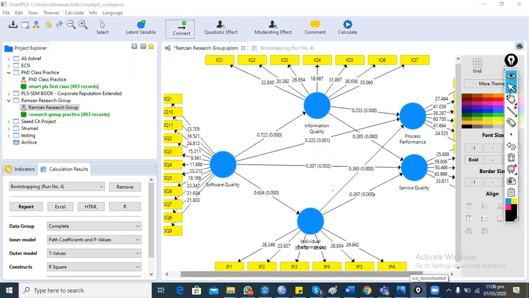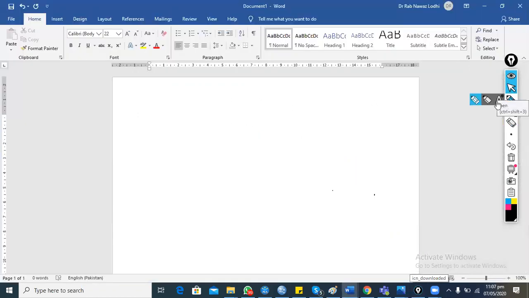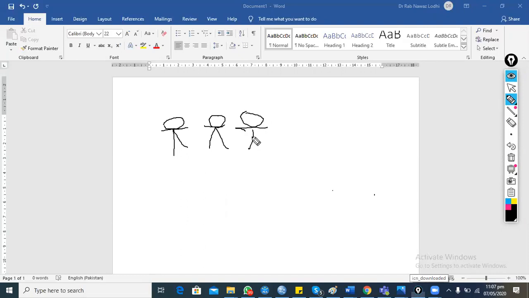I just need to recall to you people that if I could open this Word document file, and I just need to put the people, this one, then the next one, this one, then this one. So all these people are working together. So they will give their hands in the hands of each other.